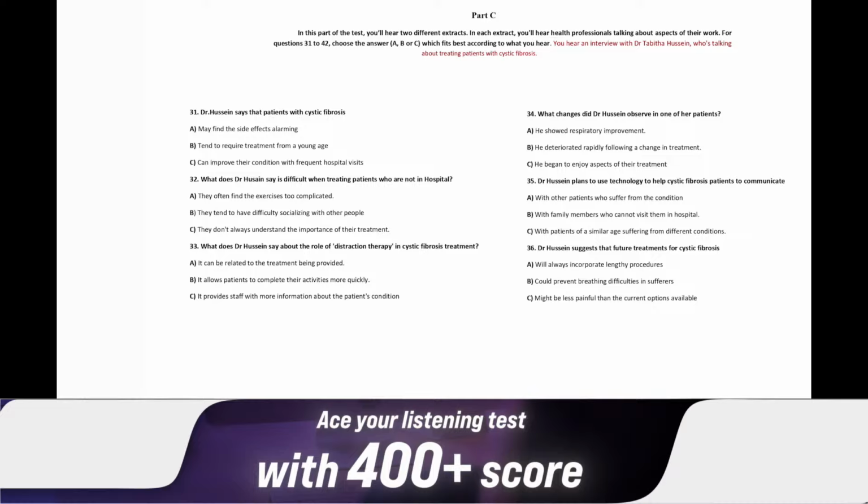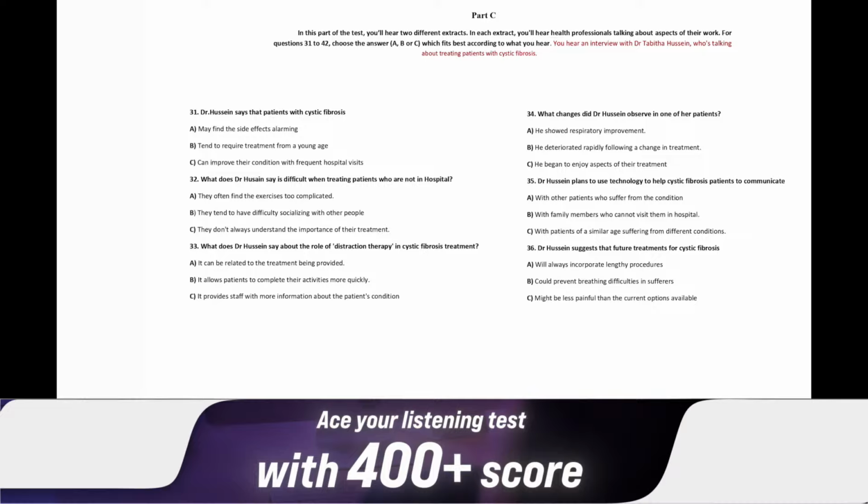Cystic fibrosis is a condition that causes mucus to be thicker and stickier than it should be. Dr. Tadita Hussain specializes in cystic fibrosis treatment and is here to share her thoughts on caring for people with the condition. Tadita, can you tell us a bit more about patients who suffer from cystic fibrosis? Absolutely. Sufferers tend to carry 2 to 5 times as much salt in their bodies as those without the condition, so you can see why their mucus is thicker than average. Treatment for these patients is usually quite time-consuming and repetitive.